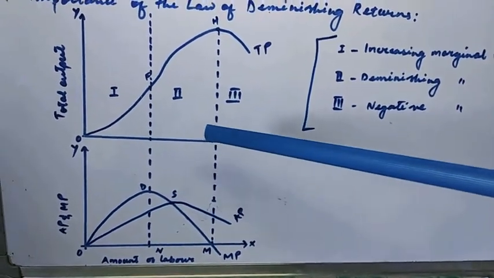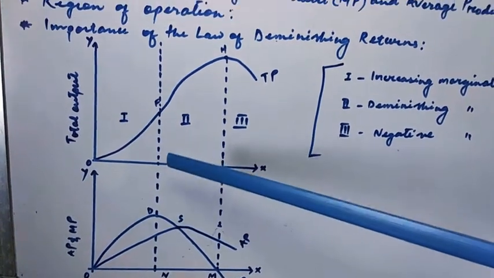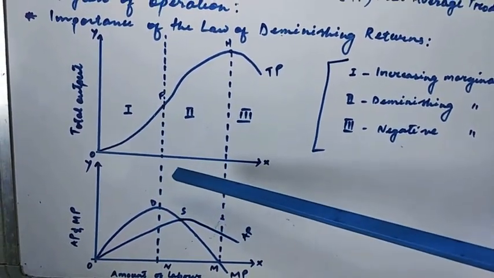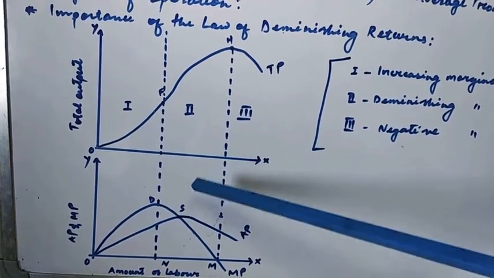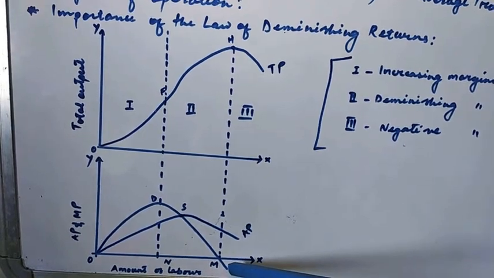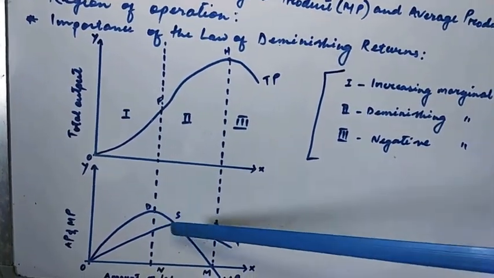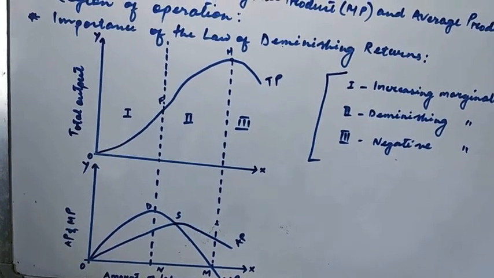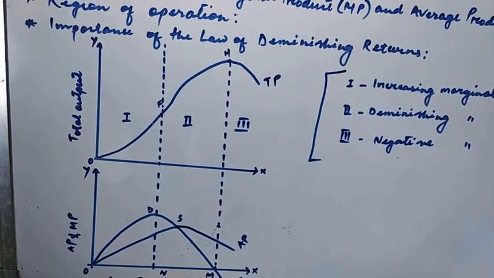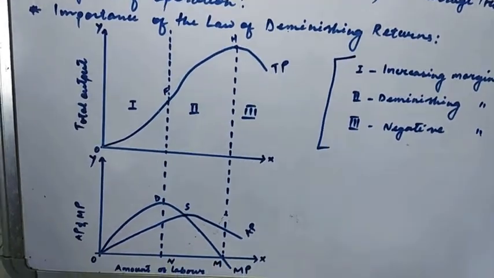So it is only in stage 2 that the producer will choose to produce his product, because in this stage 2, the marginal product of labor, MP, is diminishing. It has started diminishing here, slowly going down. And that is the area where a producer will find it profitable to operate.